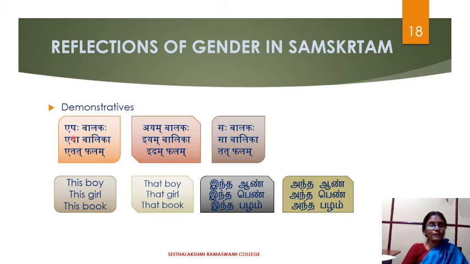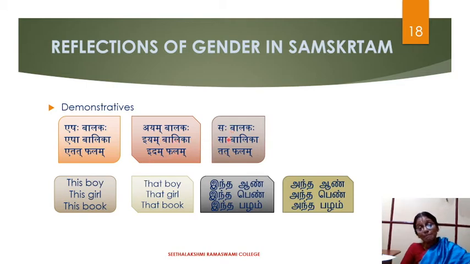So demonstratives. Yeshaha balakaha, yesha balika, yetat phalam. This boy who is very close to you, this girl and this fruit. Then ayam balakaha, iyam balika, idam phalam: this boy, this girl who is somewhat near to you, and this fruit.